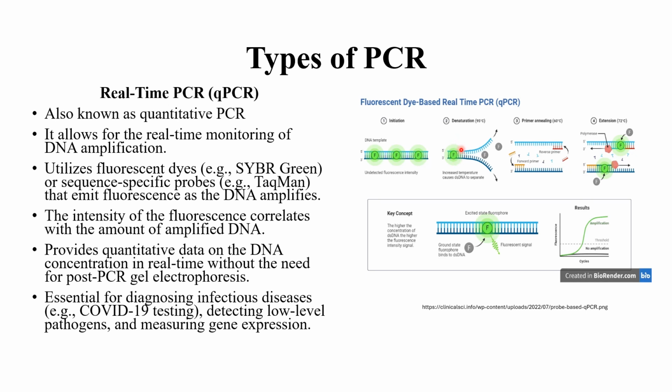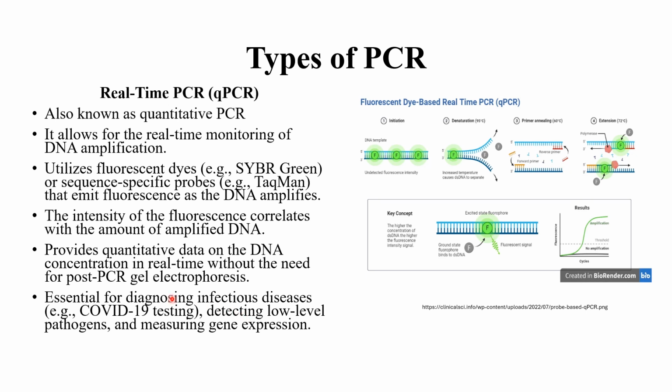As we do the PCR and we amplify the DNA, the intensity of fluorescence will correlate to the amount of the amplified DNA. For example, here we had one copy of DNA, then it is amplified, and now we have 2 copies, and we can see we have more fluorescence being produced. The good thing about this, we can measure the curve and we can see as the amplification is continuing, the fluorescence is increasing because more fluorescent dyes are binding to the double-stranded DNA.